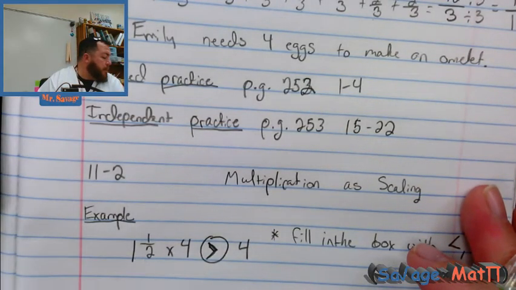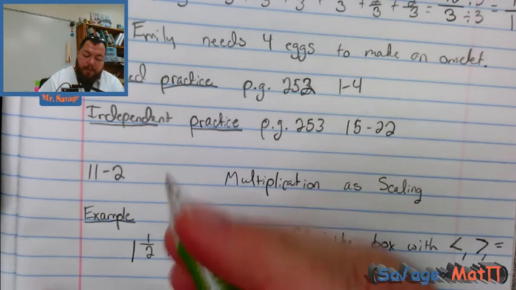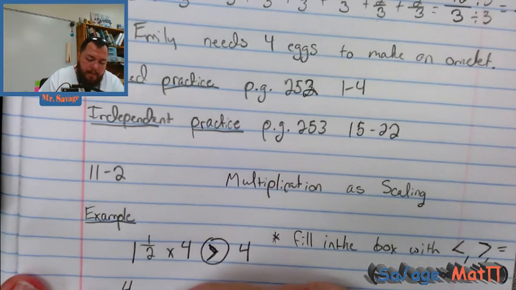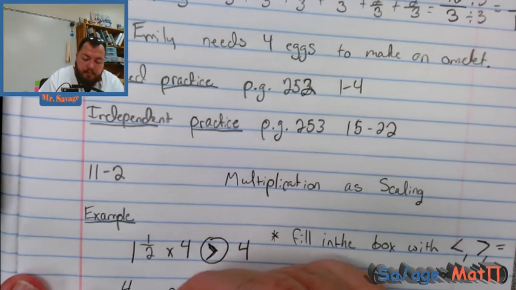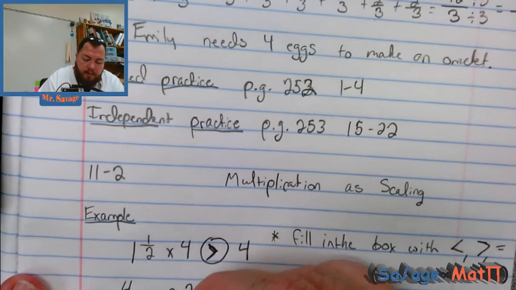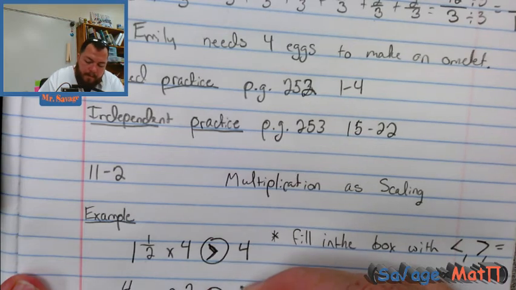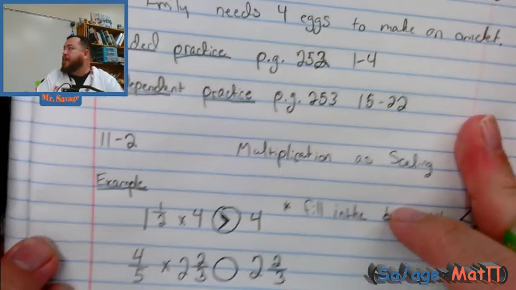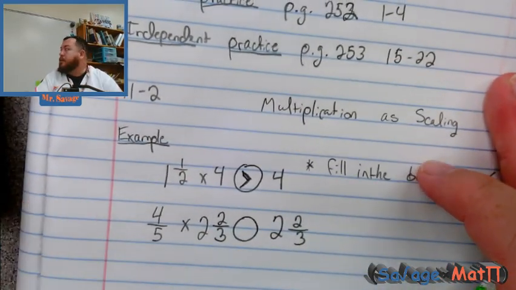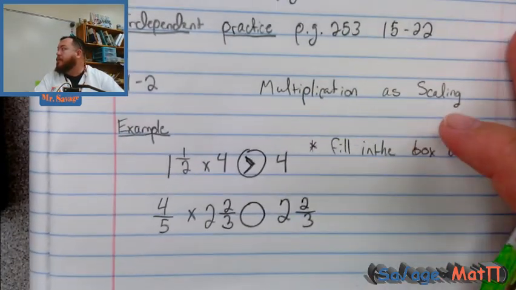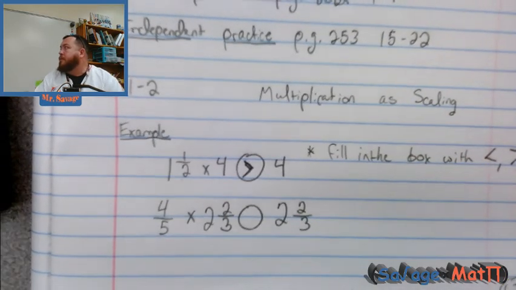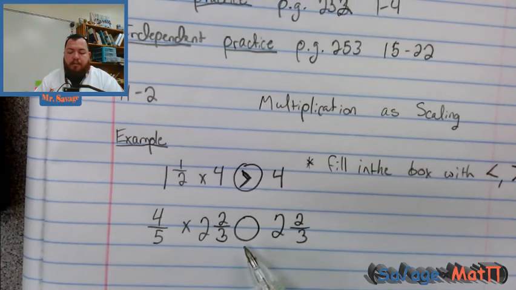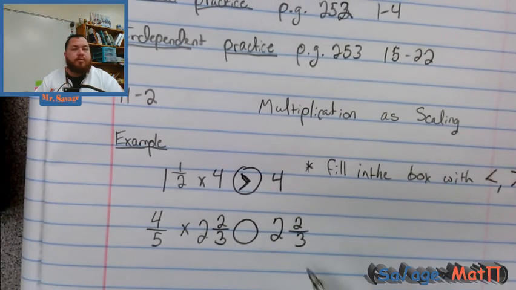Now, another example we could use is 4/5 times 2 2/3. We want to find out if our answer of 4/5 times 2 2/3 is going to be greater than, less than, or equal to 2 2/3.